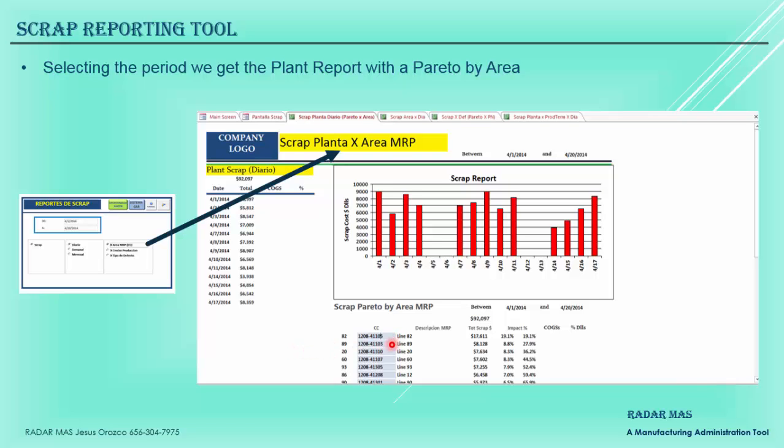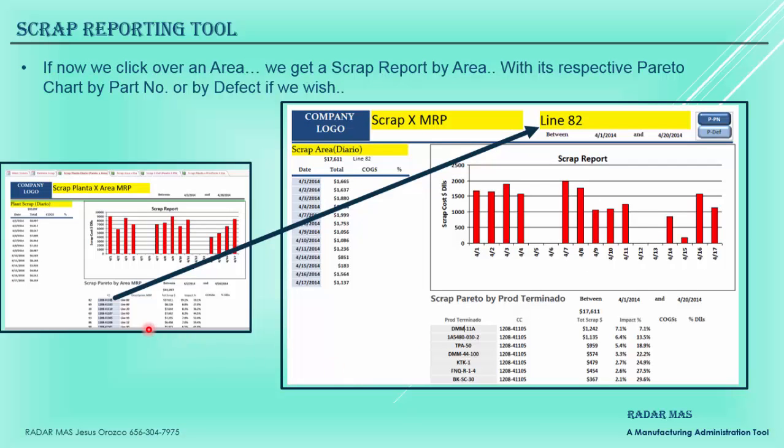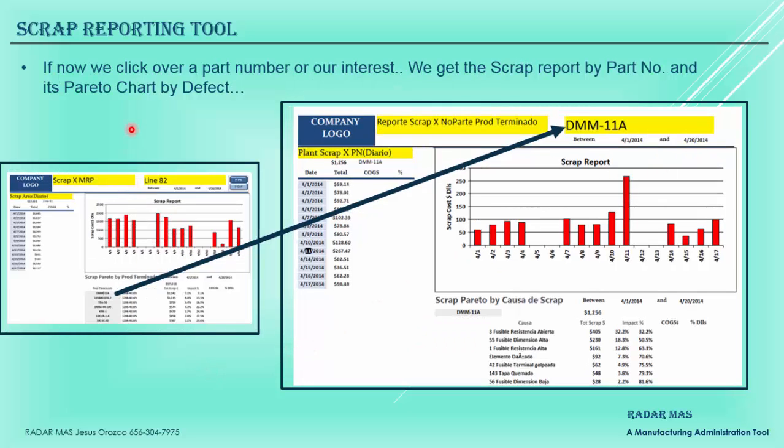By clicking in one of the areas, we can also get access to a particular trend chart by area, and either our Pareto chart by product part number or by defect. If we now click over a particular part number, we get the scrap report by part number and a Pareto chart by defect.